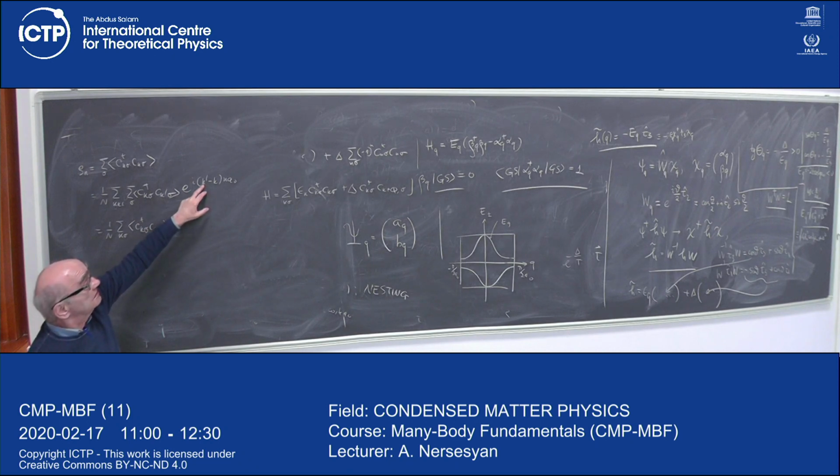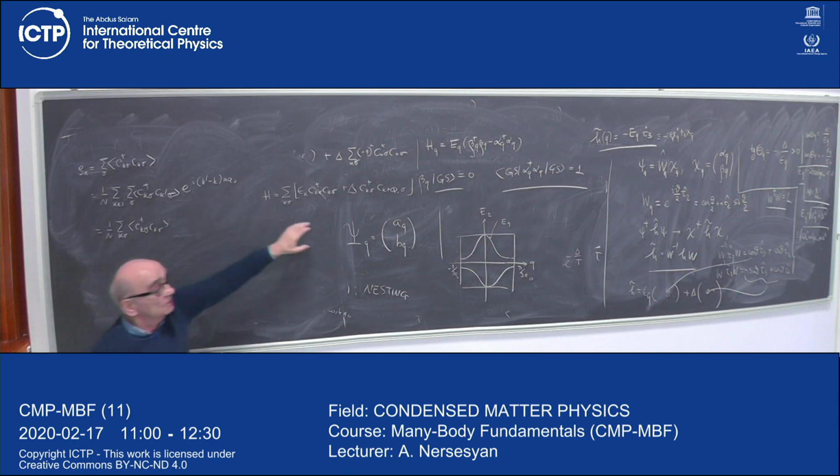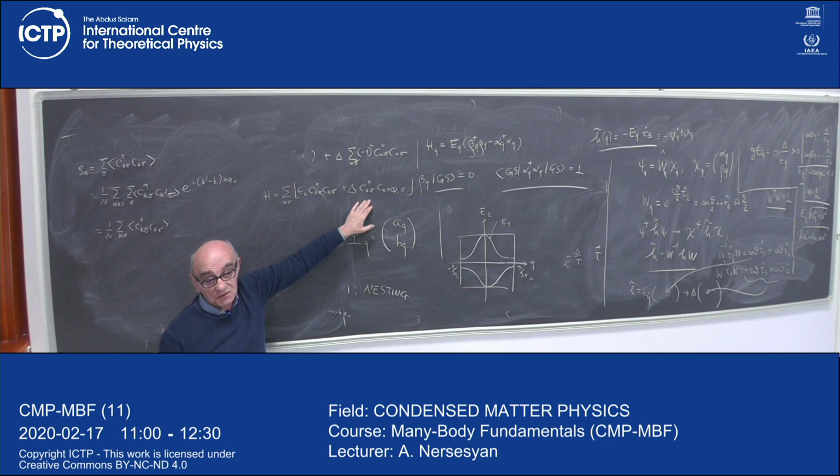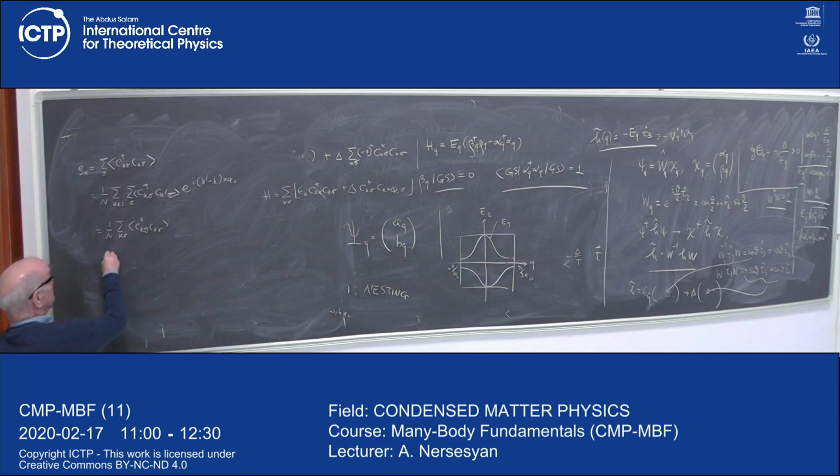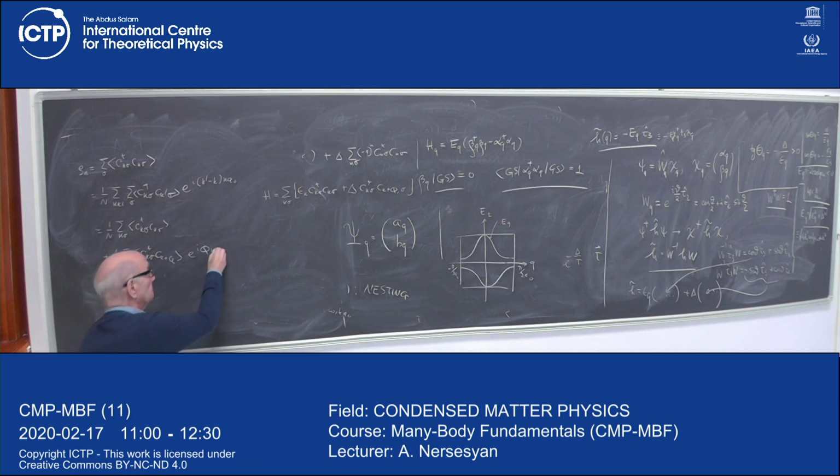Or in the case when k prime is k plus Q, because there is such a contribution in the Hamiltonian. So the second term is 1 over N, sum over k, Q, the average c_k dagger c_{k+Q}, and here I have e to the i Q n a.